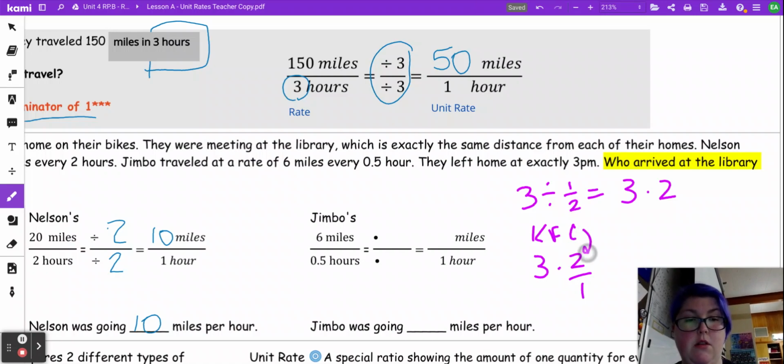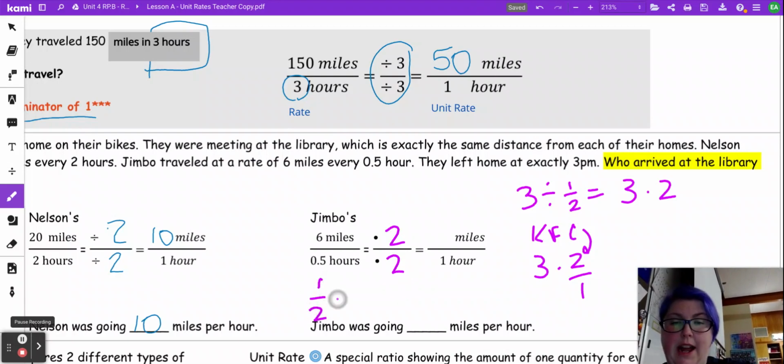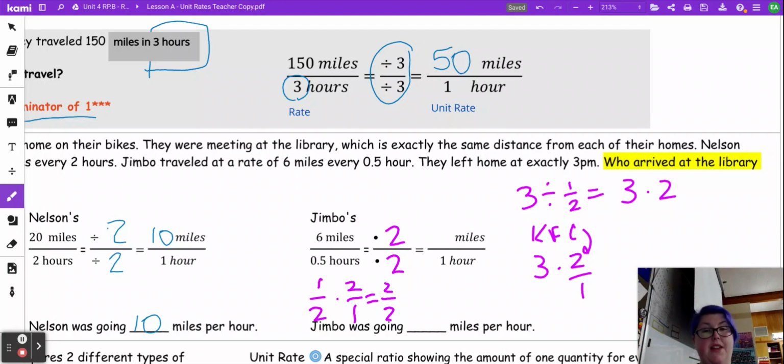So when we look here at Jimbo's, it has the multiplication because we're dividing by half, which means we are going to multiply by 2. So in order to get to that 1 hour, we have 1/2 times 2 over 2, or 1. So we're going to multiply this by 2, and 6 times 2 is 12.